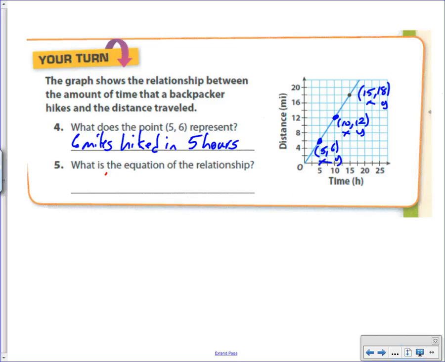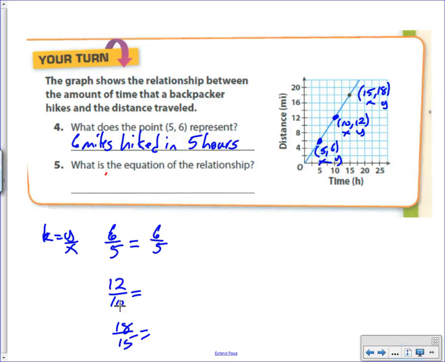Okay. What is the equation for this relationship? First, we need to find k, and just make sure it is proportional. So we know that k equals y over x. So the first one is 6 over 5. The next one is 12 over 10. And the last one is 18 over 15. So we want to see what they all reduce down to. 6 over 5 is reduced as far as it can go.